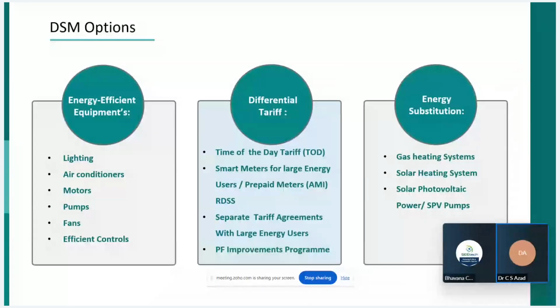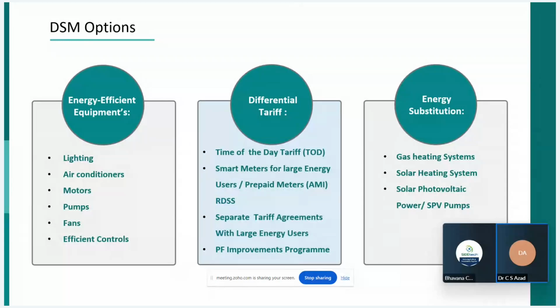Now, coming to the DSM options, there are three options. First is energy efficient equipment. Next is differential tariff. And third is energy substitution. Generally, whenever we talk of the DSM option, people think about energy efficient equipment only.